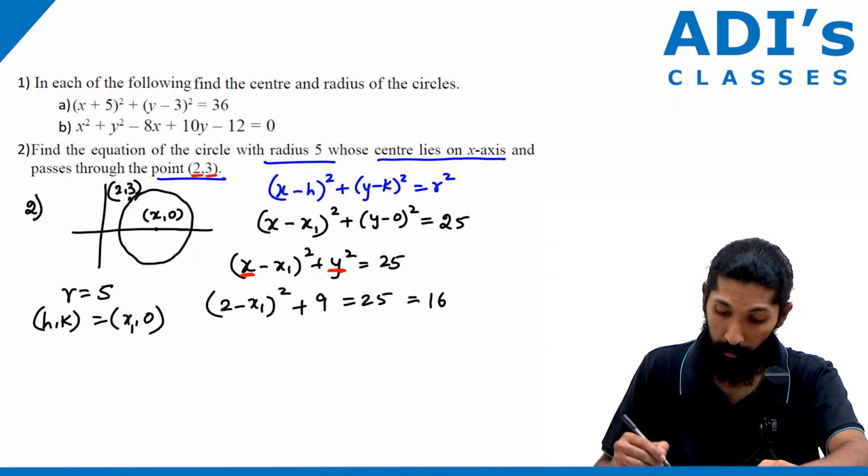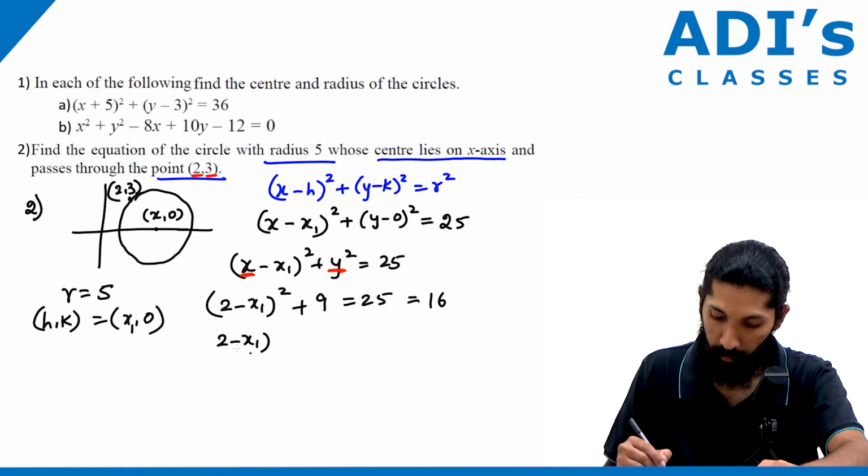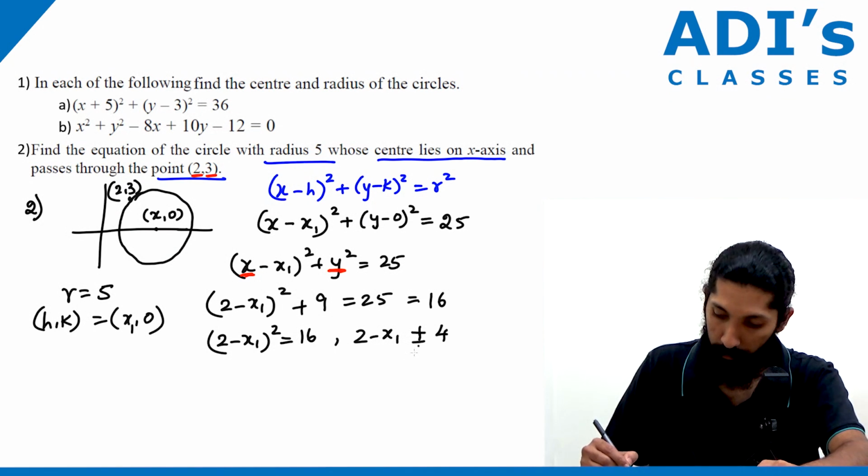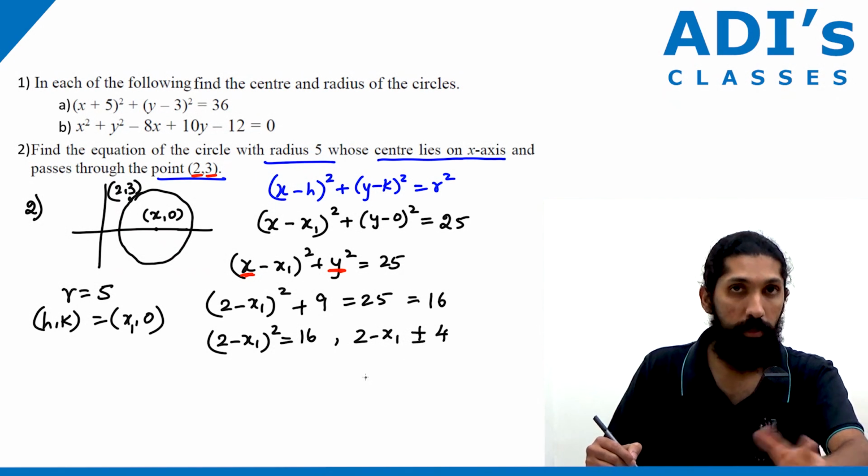So (2 minus x1) whole square is equal to 16, or 2 minus x1 is plus or minus 4, because root 16 can take both values.